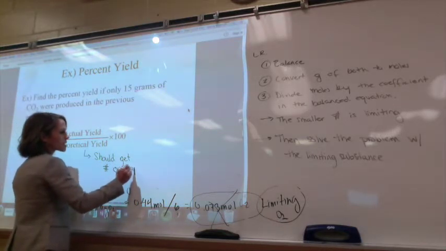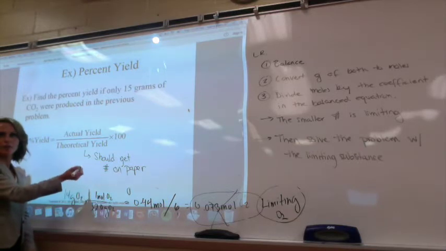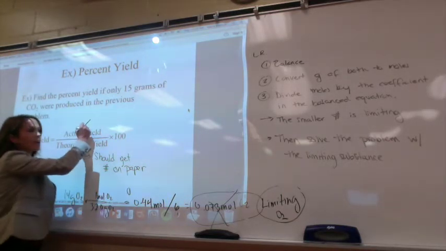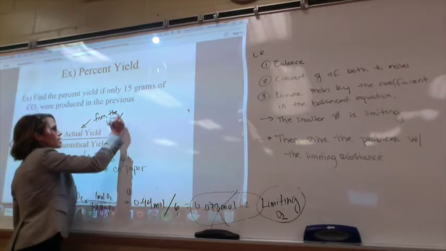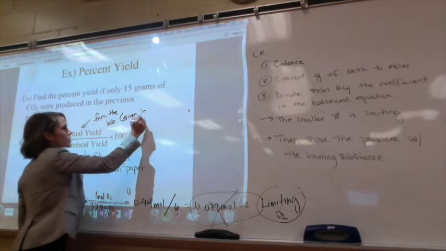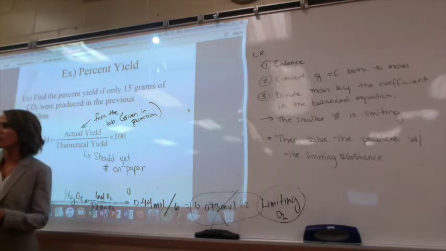That's what I say. It's like my paper number. Like I'm going to do a lab, and I'm going to calculate how many grams of whatever I should get, but this is what I actually get from the lab. This is always going to be given to you in the question, because you're not actually going in the lab and doing anything, so the question has to tell you this is how much you got.